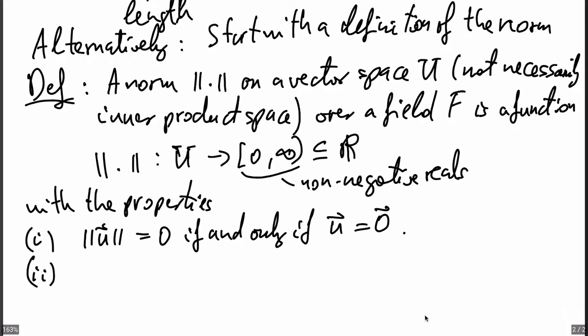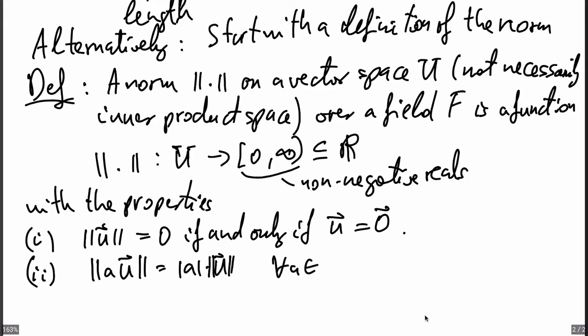The second property is that if you scale a vector, that means multiply it by a scalar, then its length should equal the magnitude of a times the length of u.